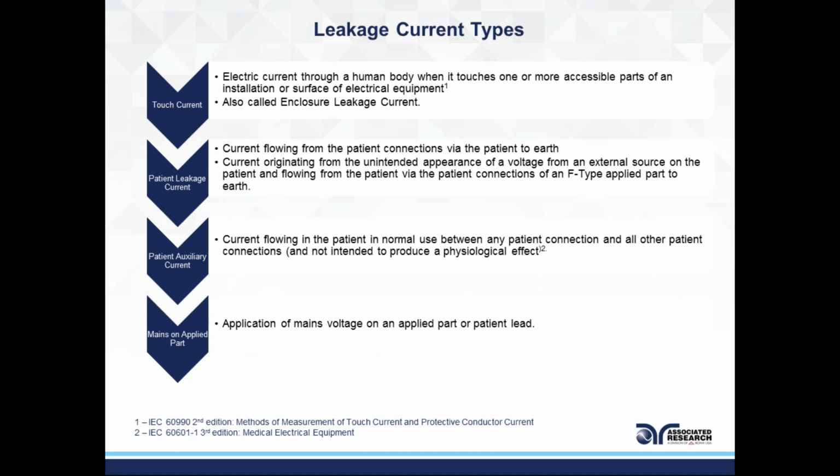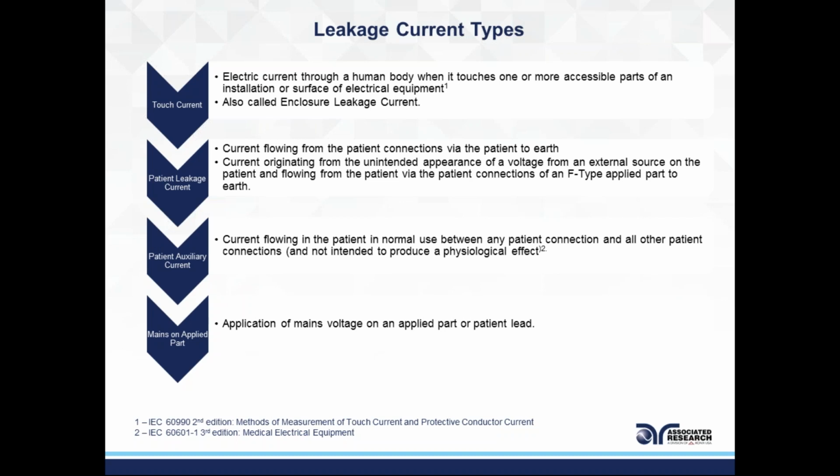Now you have to measure the leakage current that may appear between the two applied parts. Now, when it comes to patient auxiliary current, you also want to make sure you don't have any kind of inherent voltage appear on these 2 points while the patient is connected to the applied part. And the fourth one is mains on applied part testing, or mains on applied part leakage current testing.